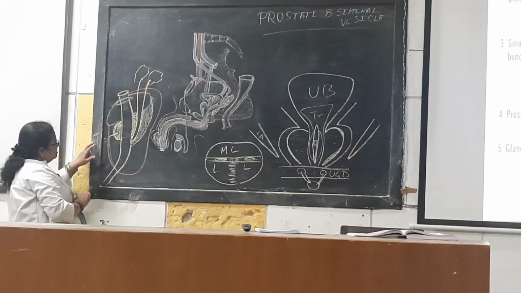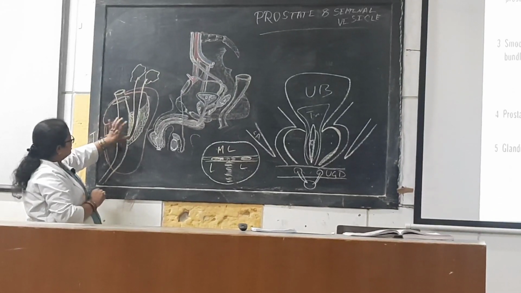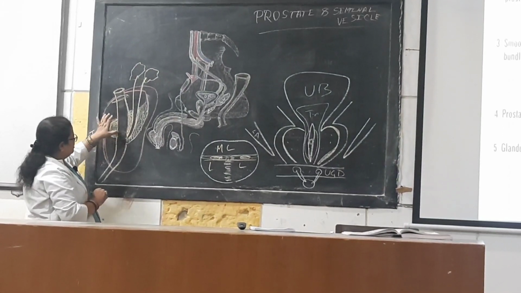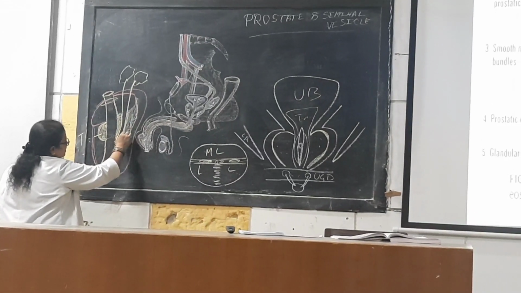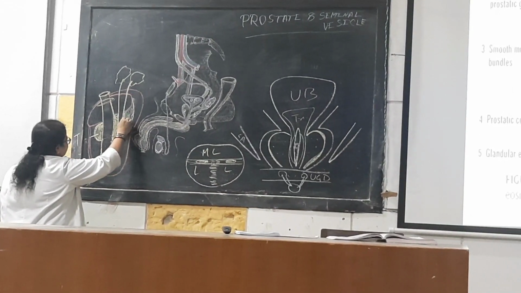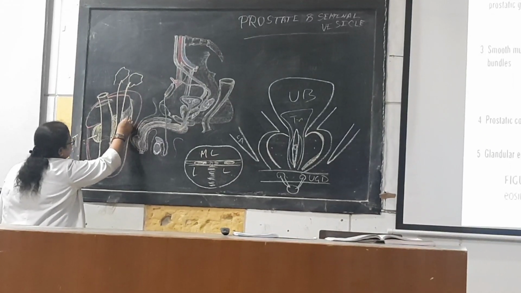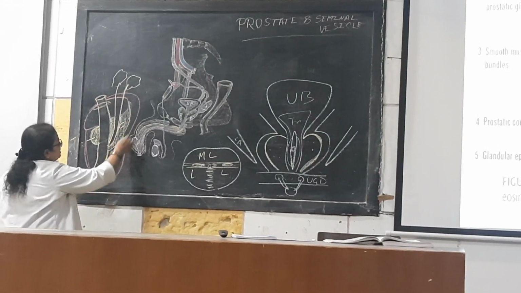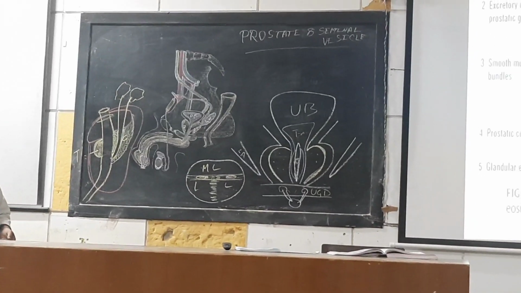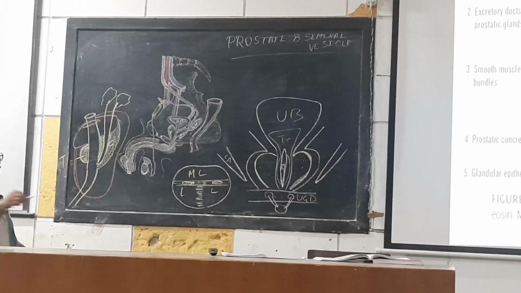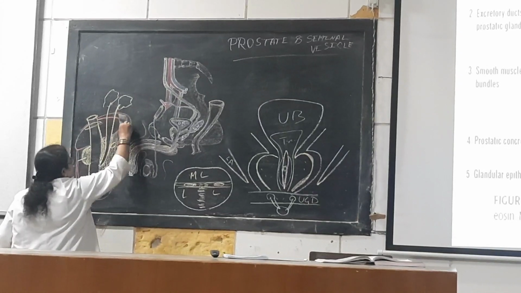This greenish area surrounding the ejaculatory duct is called the central zone, and the peripheral part is called the peripheral zone.